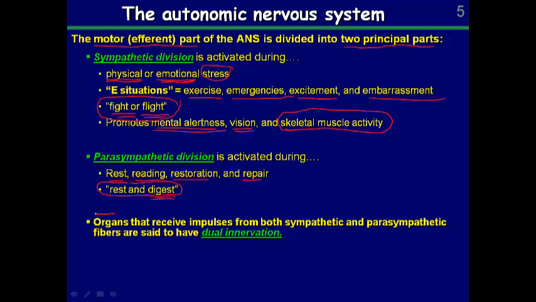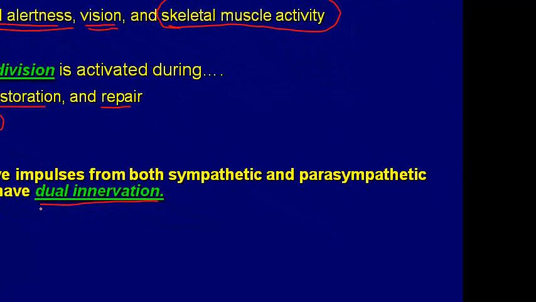Organs. So we have visceral organs, internal organs. Most of our internal organs are what we call dual innervated. Dual innervation means they have both sympathetic neurons and parasympathetic neurons that control the organ. And usually those neurons are going to do opposite things. Classic example is the heart, right? We have a heart.